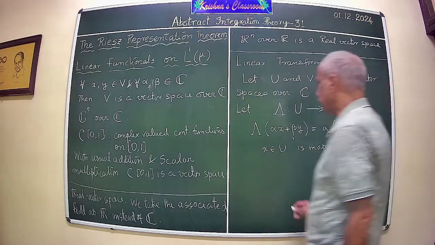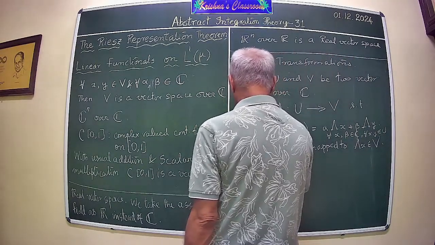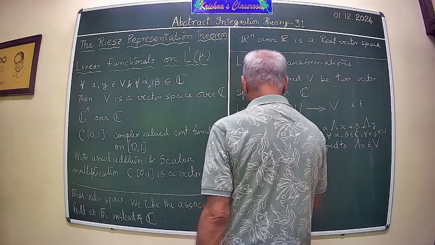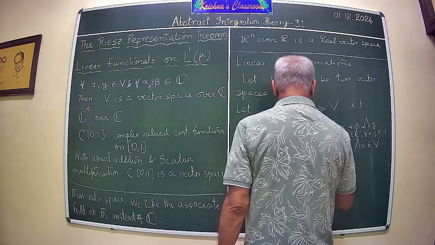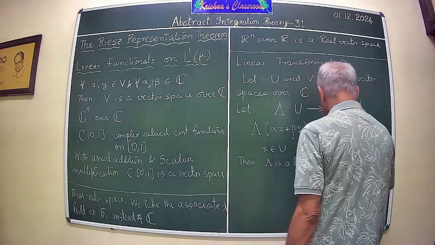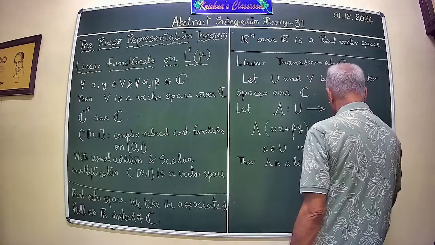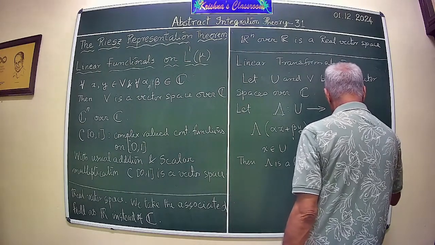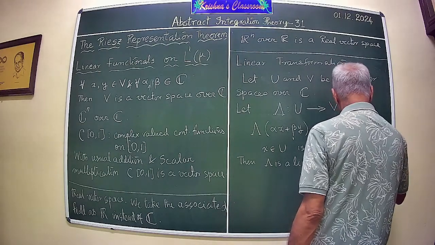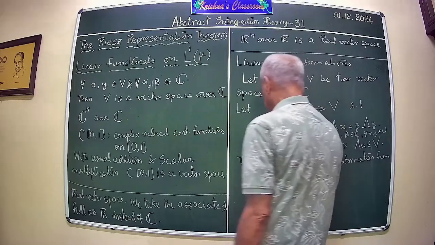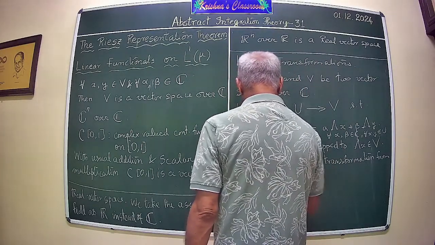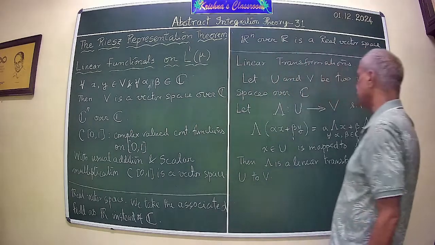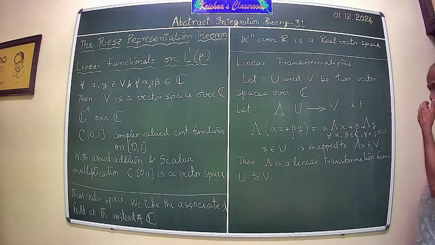Then you say lambda is a linear transformation from U to V, where U and V are both vector spaces.